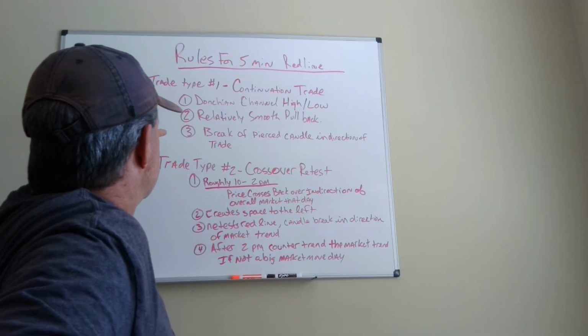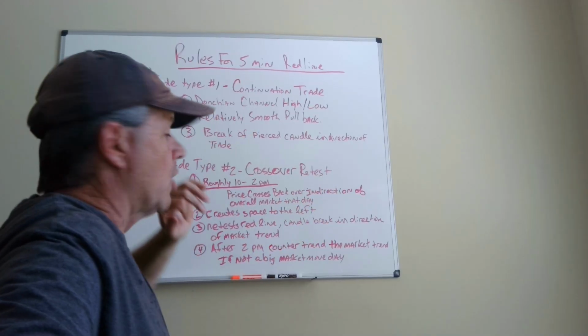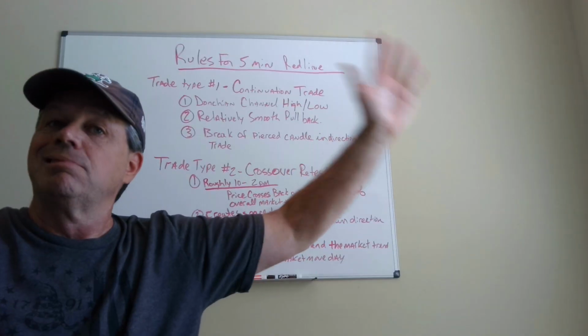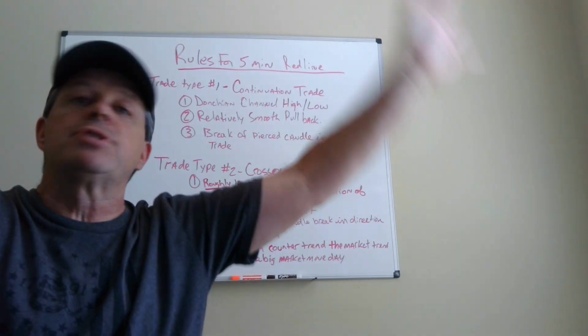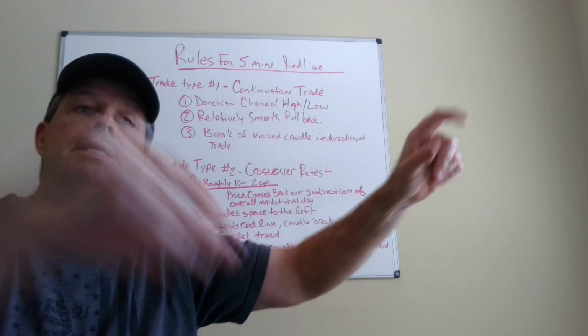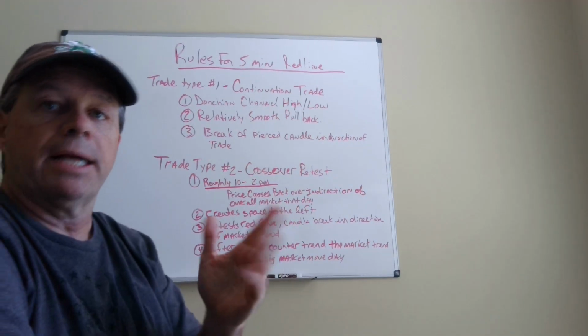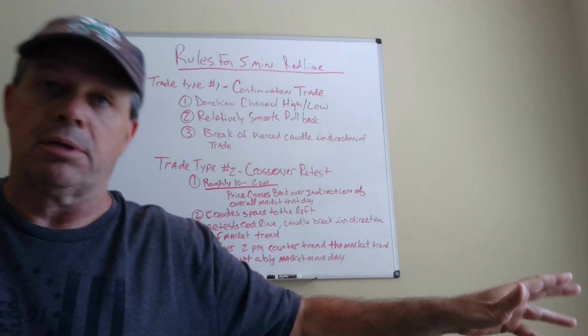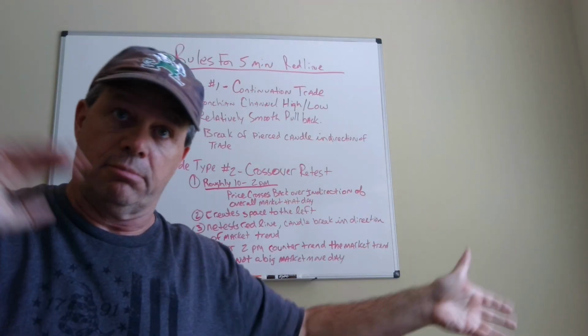Basically it's a Donchian channel high or a Donchian channel low after 10 o'clock, and then there's a pullback. So the first step is Donchian channel high or Donchian channel low. We talked about the Donchian channel, right?